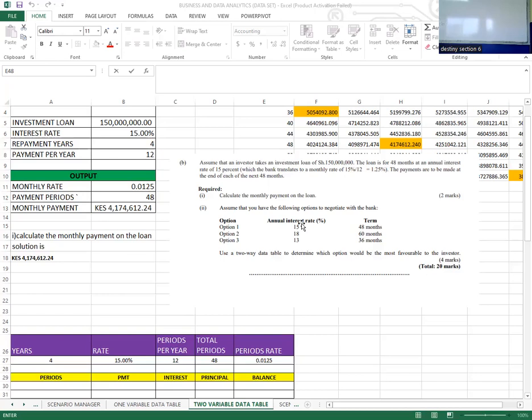So I can link to the interest rate and another months. Yeah.